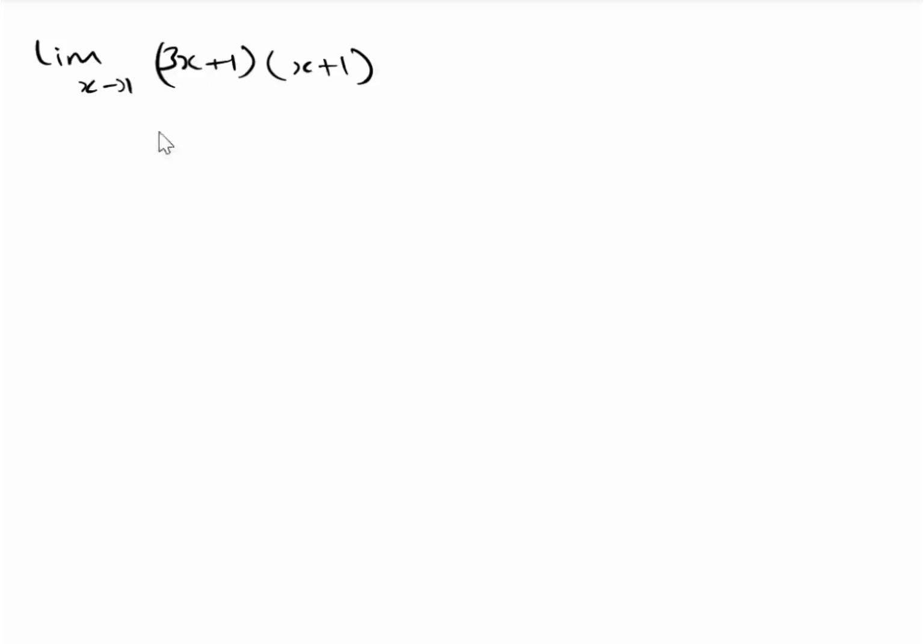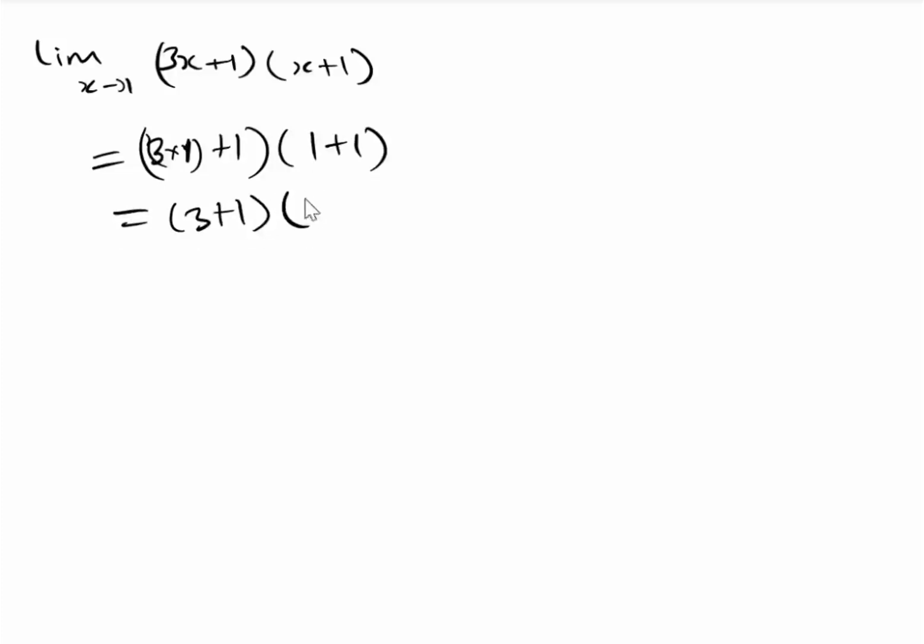Substituting the value of x directly, this will be equal to 3 multiplied by 1 plus 1, and 1 plus 1. This is 3 multiplied by 1 gives 3, and 1 plus 1 is 2, so 3 plus 1 is 4, and we have 2. This is equal to 4 by 2, which gives me 8, and this is the limit.